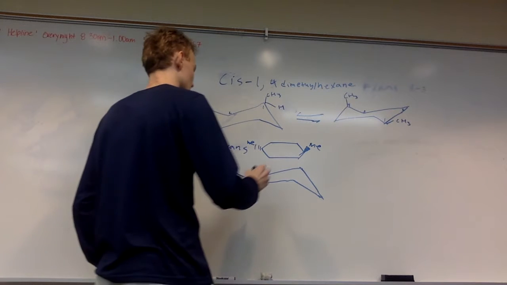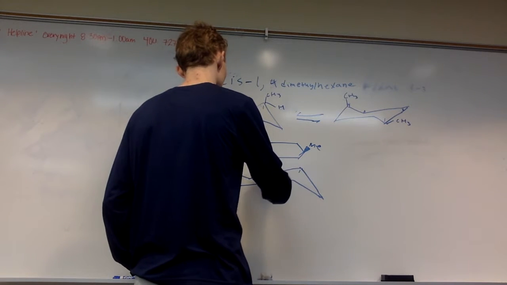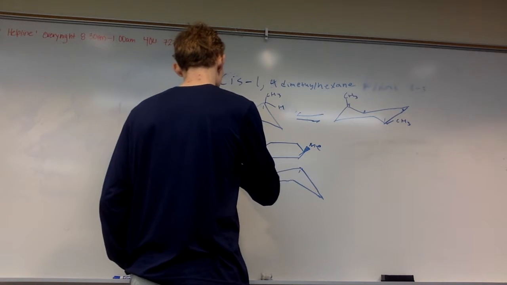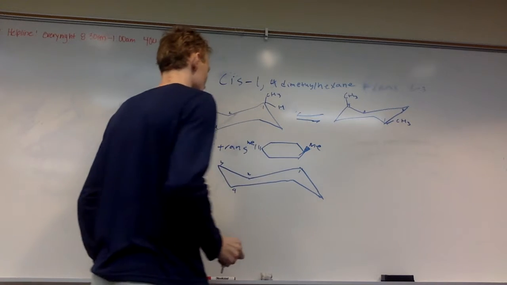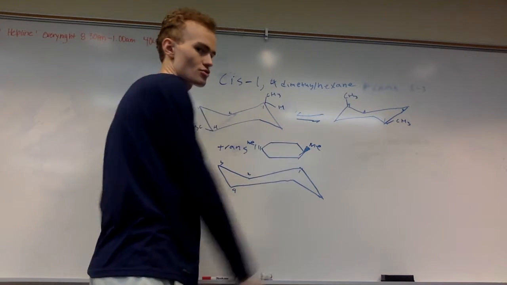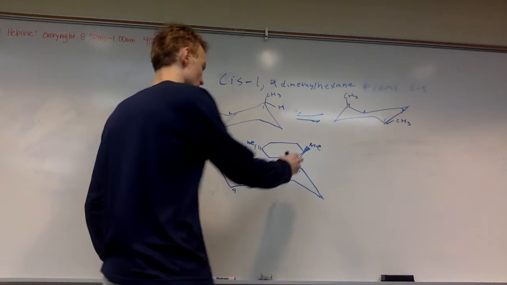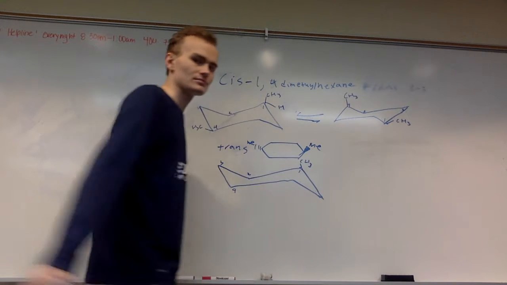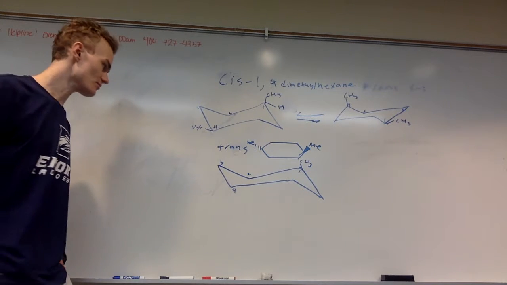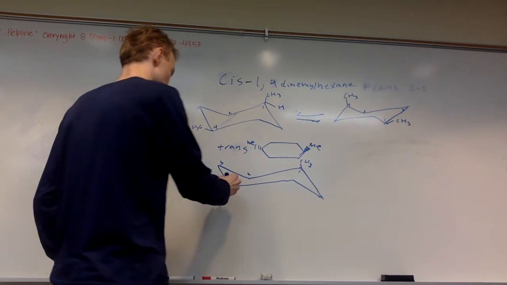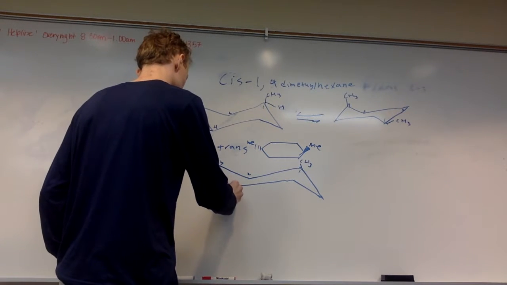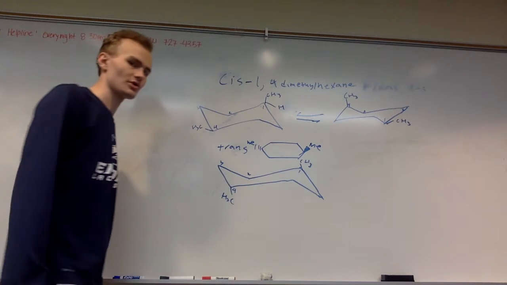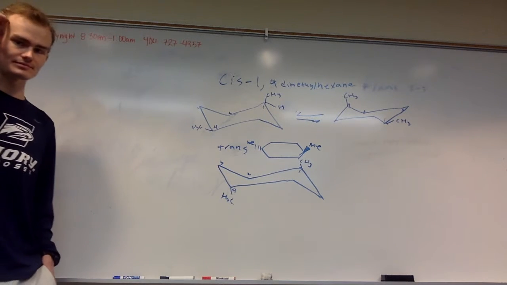So we have 1, 2, 3, 4. So this is on a dash going up. So it means that this one is going to have to go up like that. Okay, and then the wedge is down. So here, it'll look like that, okay?